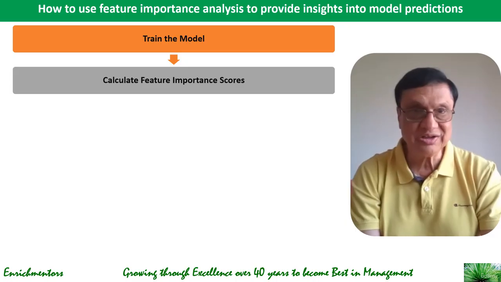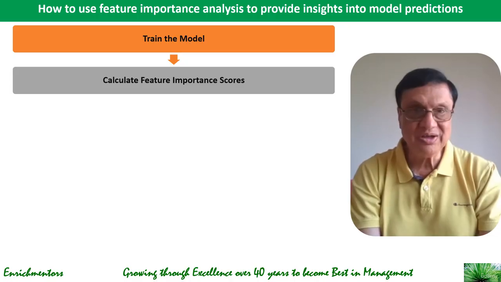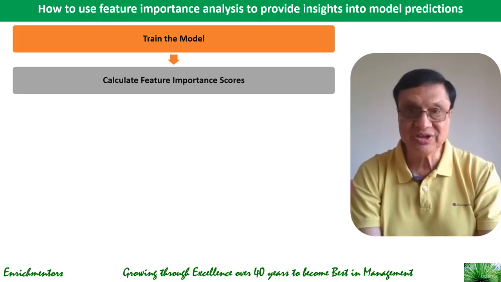Having trained the model, then you need to calculate the feature importance scores. Now, different algorithms have different ways of calculating feature importance. For example, feature importance can be inferred in decision trees from how much each feature decreases the impurity, or errors, in the tree nodes to make a better prediction.